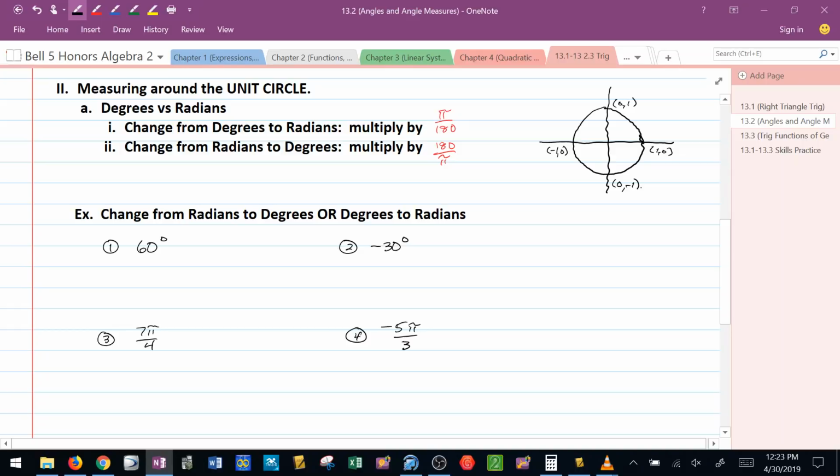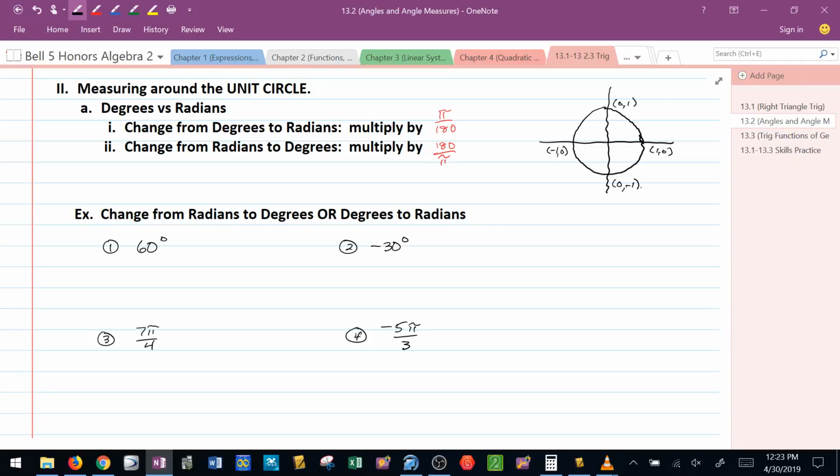All right? And when we start to measure around this thing called the unit circle, we have the ability to change how we measure by looking at degree measure versus radian measure. So another way to write an angle of a certain degree is to write it in radian measurement. Now, what we're going to be asked to do first, this again is just an introduction, is change from degrees to radians or radians to degrees.